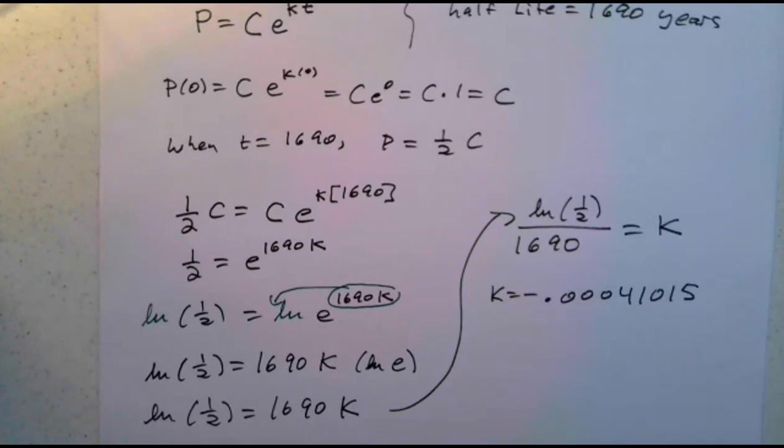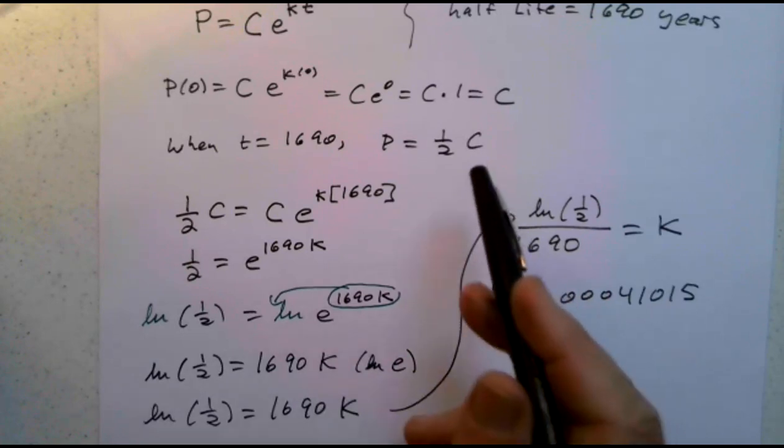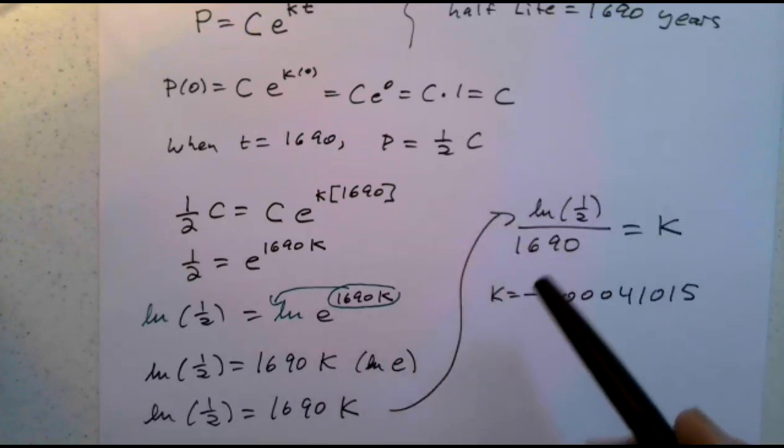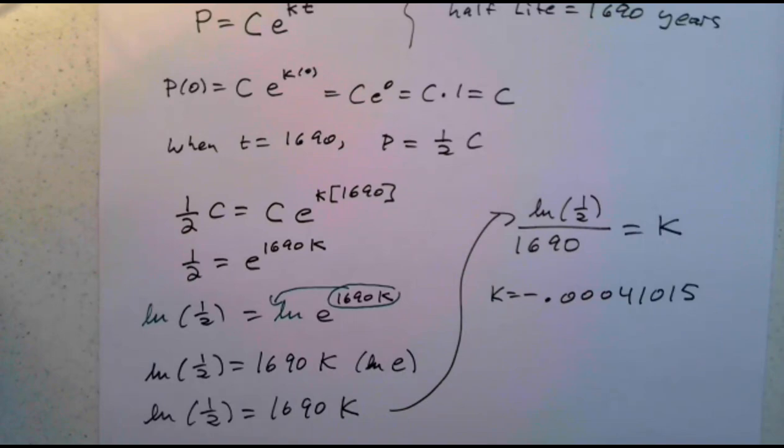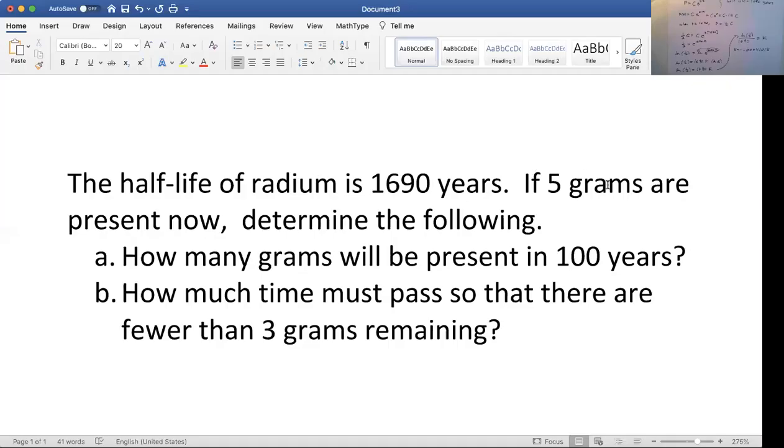Now, what did I want to answer? I have a value for K. I know what C is, my initial value. I don't think I have said that yet, so let's go back and look at the question. 5 grams are present now. How many are present in 100 years? So if 5 grams are present now, that means C equals 5.